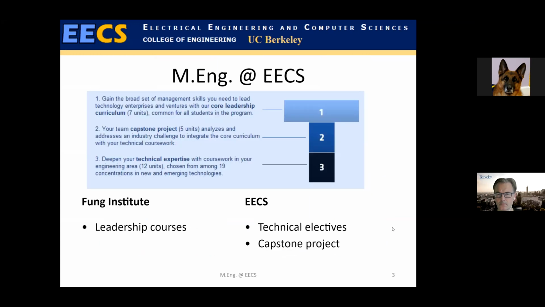The MEng EECS program is structured out of 3 tiers of curricular activities, as you can see. The first one is what we call the core leadership curriculum, and that's run by the Fung Institute. It's really meant to give students experience on how to form teams and manage teams within a technology enterprise and venture.